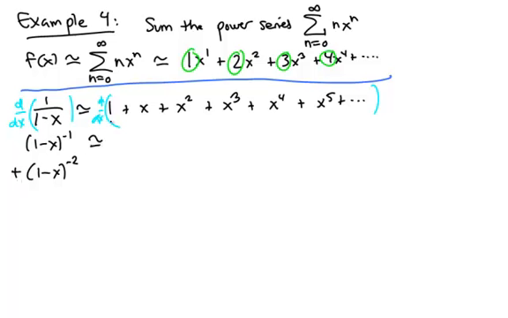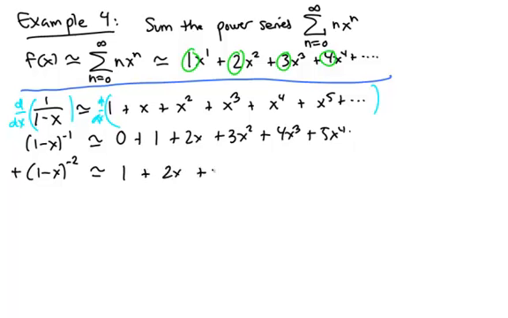On the right-hand side, if we take the derivative, we're going to have a 0 plus 1 plus 2x plus 3x squared plus 4x cubed plus 5x to the fourth. And actually, that means we've got 1, 2x, 3x squared, 4x cubed. We've been able to get a hold of those numbers 2, 3, 4, 5. It's not an algebra trick that gets them, it's a calculus trick that gets them, a derivative.